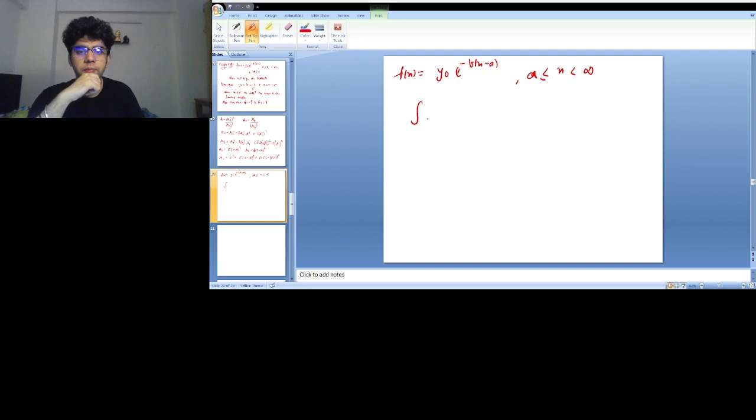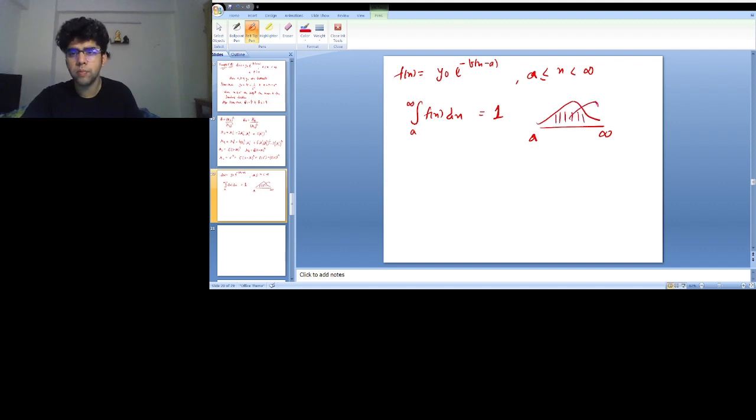I'll just integrate the PDF over the limits a to infinity, which will give me the value of this integral equal to 1, because this is the area under the curve, right? My lower limit is a, and my upper limit is infinity. So the integral from a to infinity of f(x) dx will be equal to 1, right?